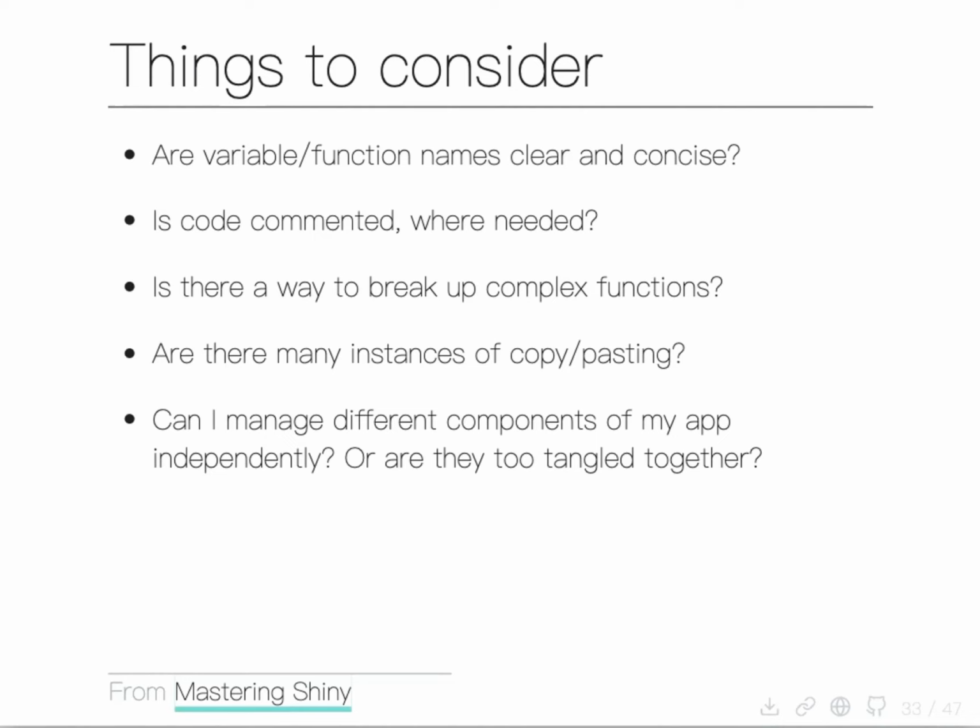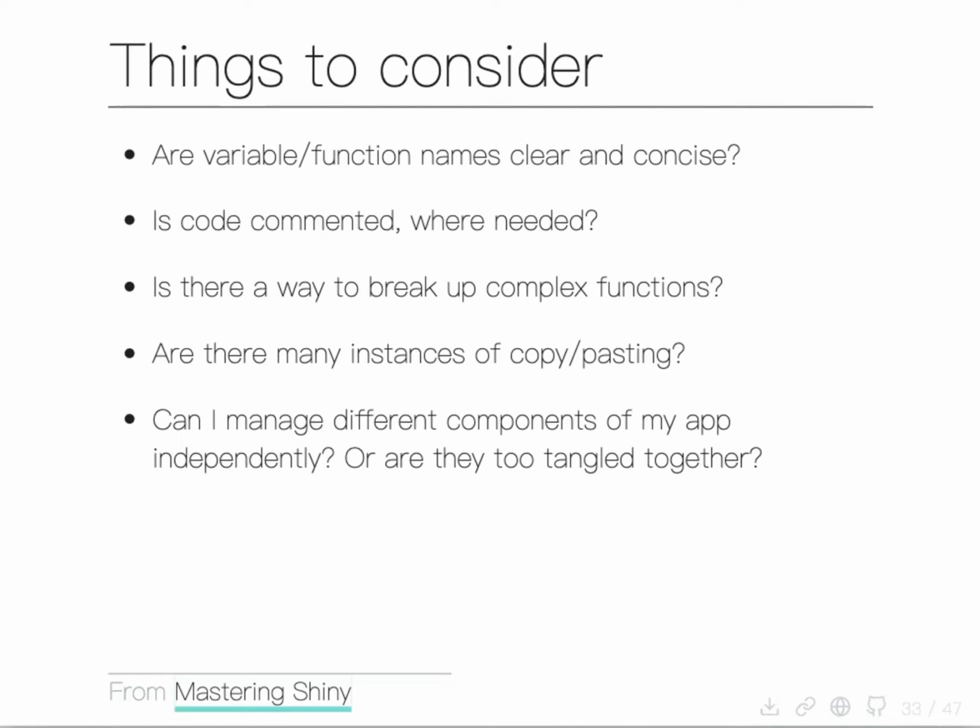And is the code commented where needed? This is something I am terrible at. We'll just be totally honest. I hardly comment my code at all, but in some cases, it can be very helpful to include teeny little comments. This is also difficult because there's a balancing point where you don't want tons of comments throughout all your code.